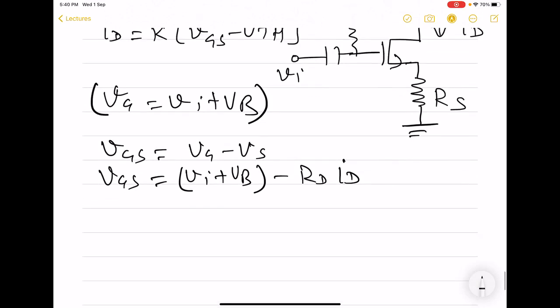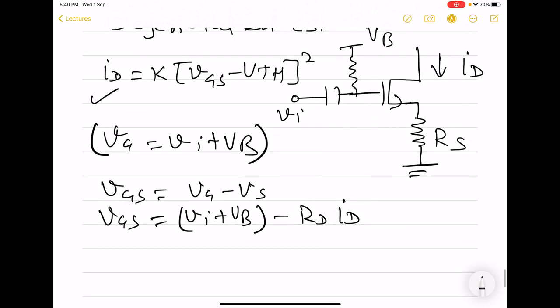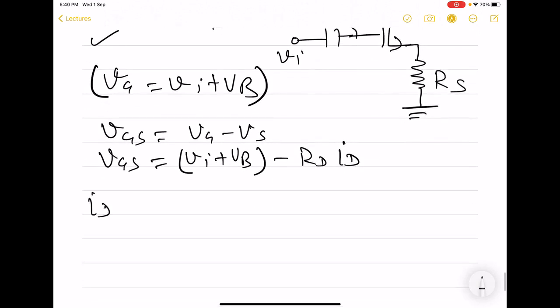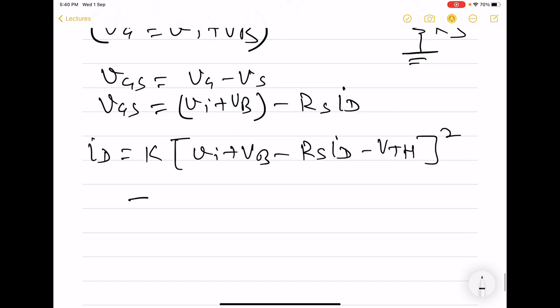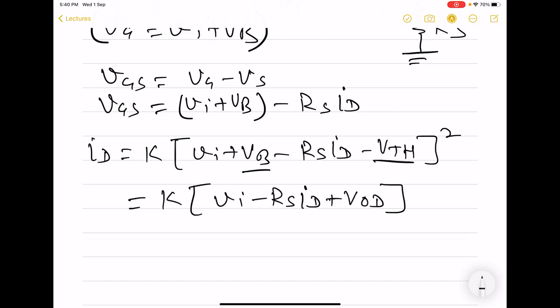So it is this gate to source which has to be kept into the expression for ID. So therefore ID now becomes A into Vi plus Vb minus, sorry, this is Rs. So here we have DC, and these two, they can be combined, and we will call it as OD. We have already defined this term. OD for overdrive voltage.